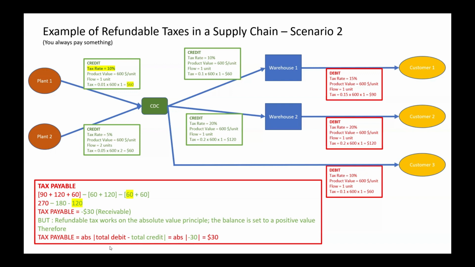However, in this scenario, the absolute value function is used instead. As you can see, the absolute value function will change the minus 30 to a positive 30. That means you will actually have to pay the government $30 tax because your credit exceeded your debit by $30.